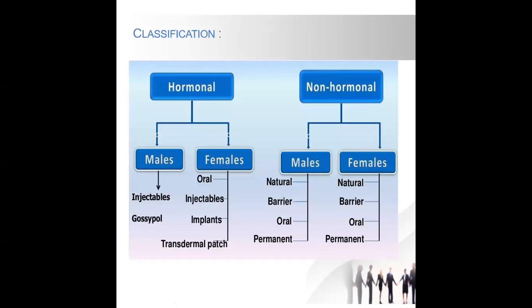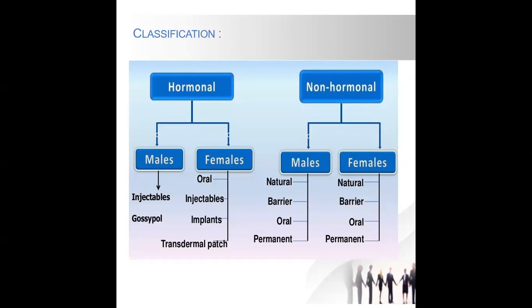Then, when you look into the classification of hormonal contraceptive agents or anti-fertility drugs, they are classified in two broad ways, that is hormonal and non-hormonal. In the hormonal, we have the male contraceptives and the female contraceptives. In the male, they are injectables, and Gossypol is one pill which is used in males.